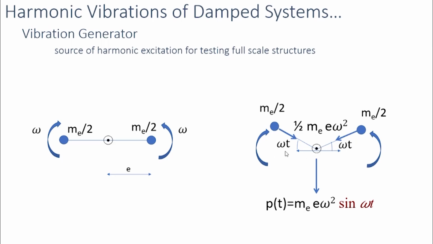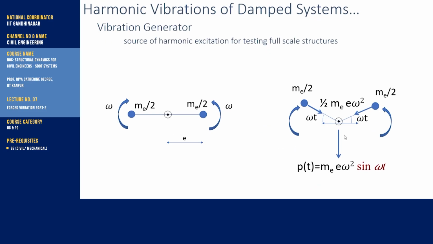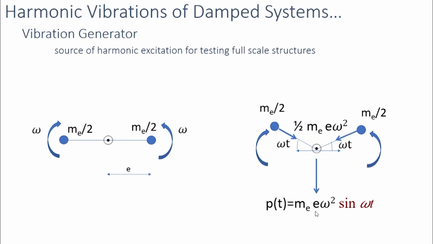So this system will exert a harmonic force to a structure which is attached to this vibration generator. If we compare it with our normal expression for the force, P naught is equal to m e e omega square.